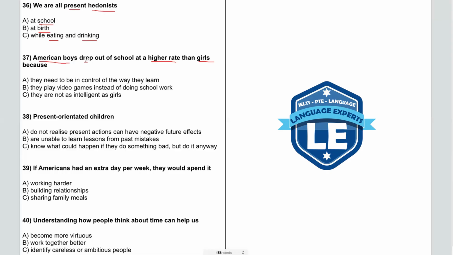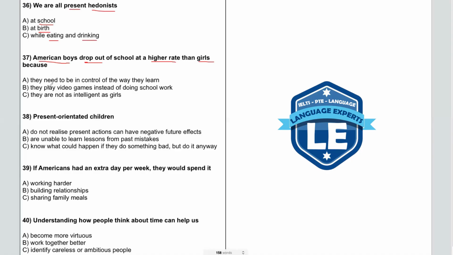I've underlined drop out, but I haven't underlined school because my understanding of the word drop out, which is an excellent phrasal verb, already tells me that it has to do with school. This is a great example of how vocabulary can help you as well. You've just saved yourself from underlining school, and you've also saved yourself an extra word to listen out for. So drop out is an excellent keyword here, and higher rate than girls. So I want to make sure that I'm listening for how boys drop out, higher rate than girls.